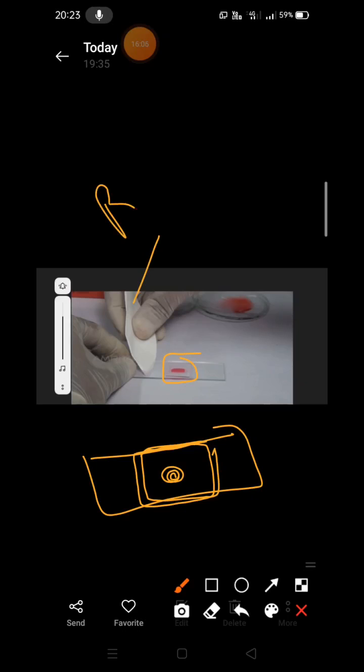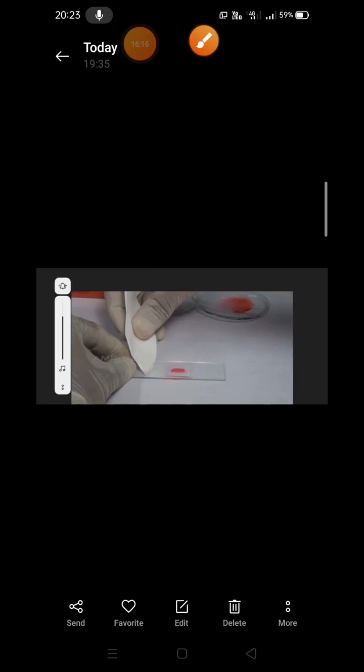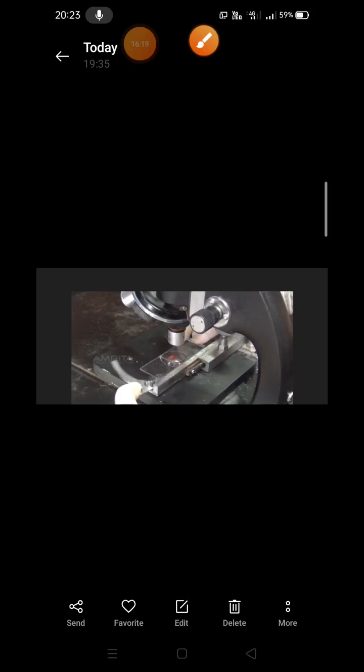So this is the blotting paper and it is folded here. And why is it used here? It is used to absorb the extra water or the glycerine which is coming out of this cover slip. Now we will keep this slide under a microscope and observe it. So this is all about the procedure.